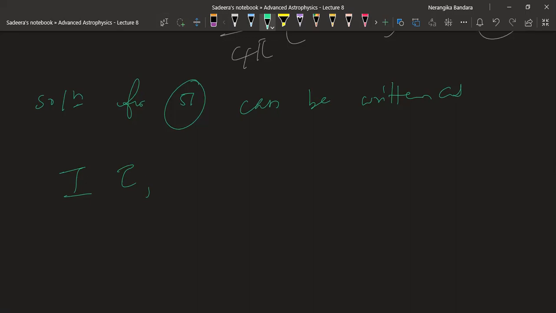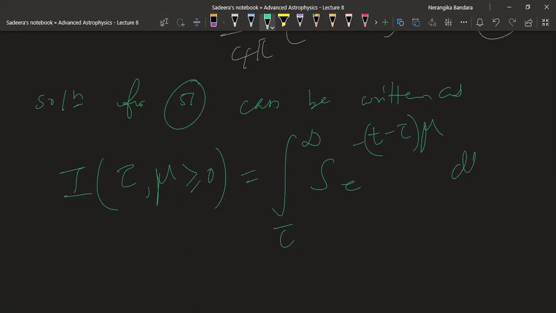I'm just going to write it for mu greater than 0. The solution is going to look something like this, and we call this equation number 61.